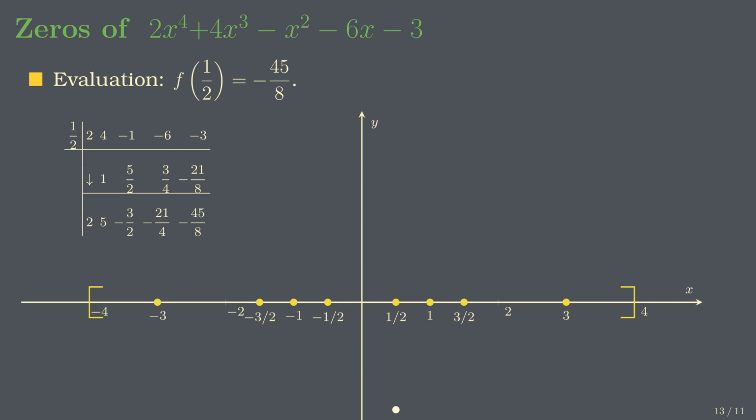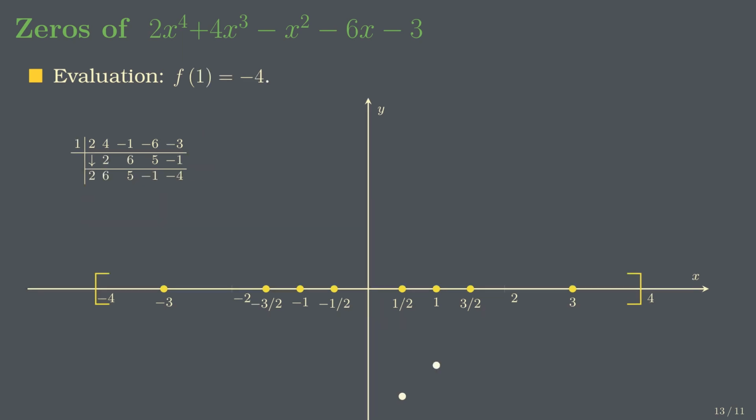We already did that, so we know that it is minus 45 over 8, so this is below the x-axis on the graph, meaning that 1 over 2 is not a zero, so we proceed with 1. So f of 1 is equal to minus 4, right? So it is not a zero of f.